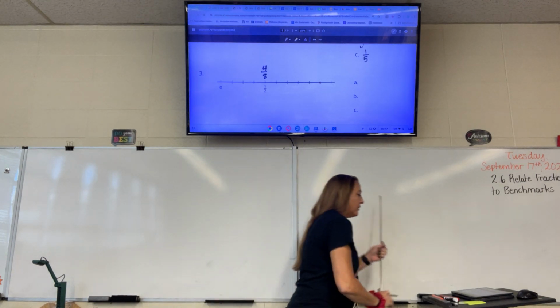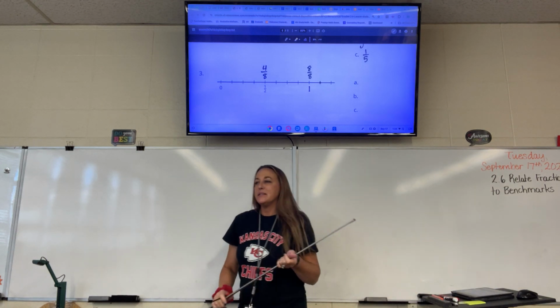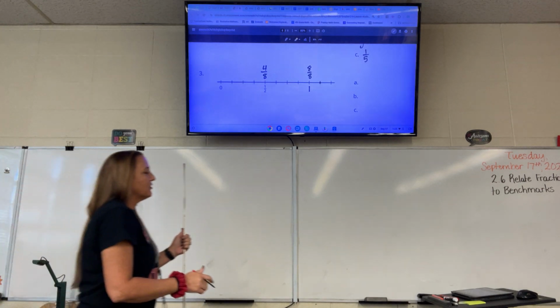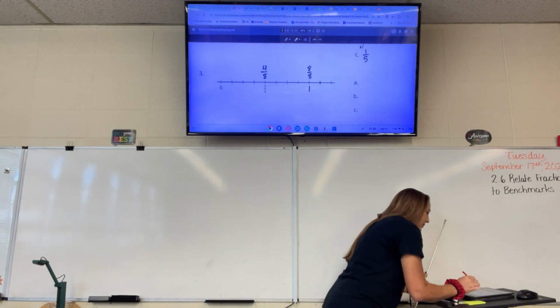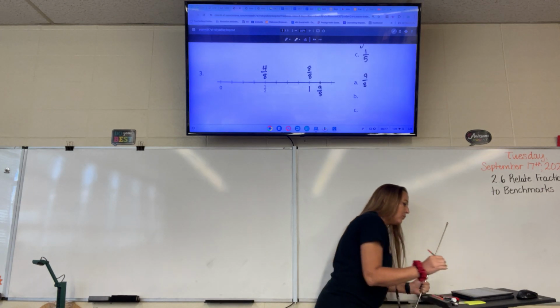This would be one whole right here, or 8/8. So what would our missing fraction be, Avis? 9/8, that's correct. Emma, will you give Avis a point? So 9/8 is our point.